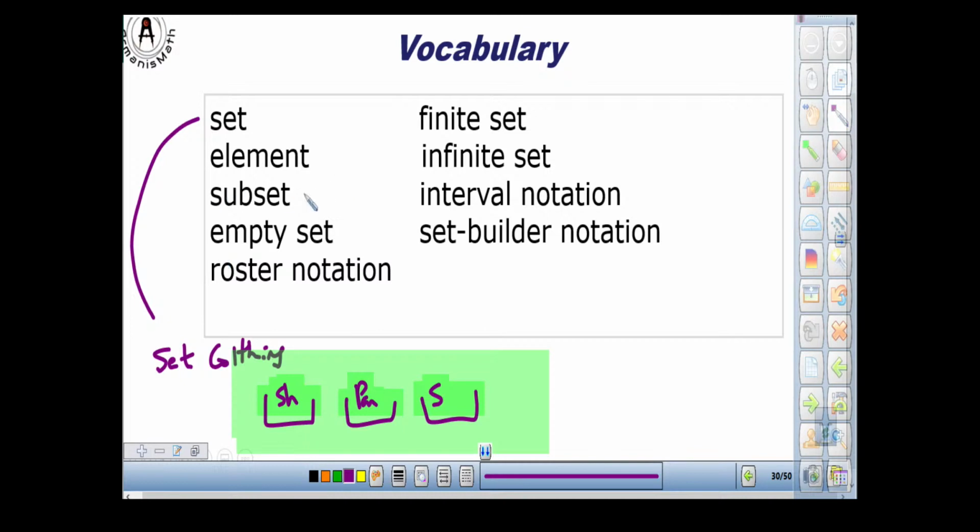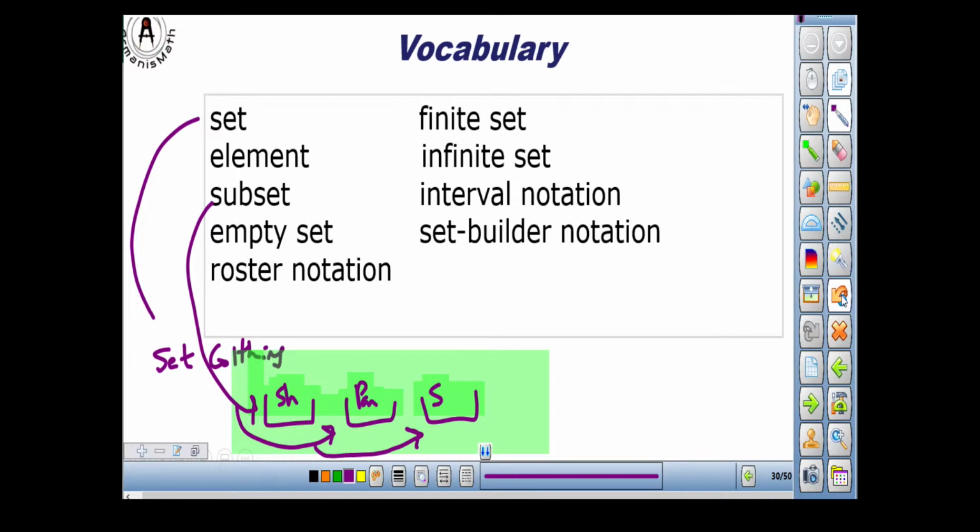Every set has elements, and every set could have subsets. For example, a subset of your clothing would be the subset of the shirts, another subset of the pants, another subset of the socks. Simple? Now every subset or every set would have elements, items in it.